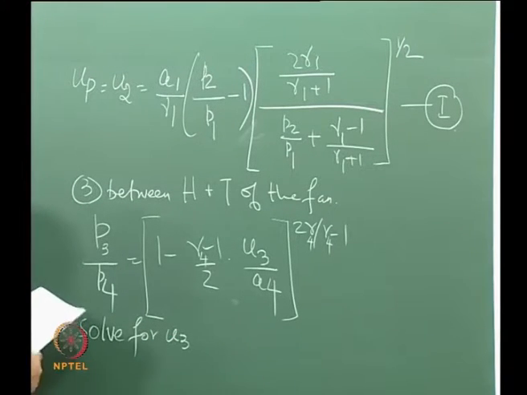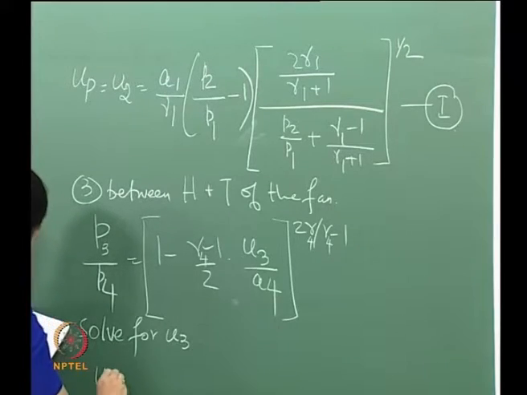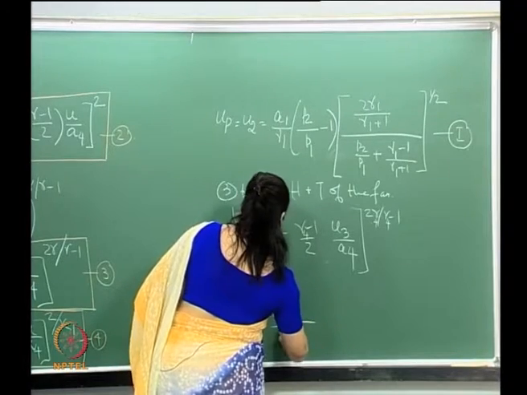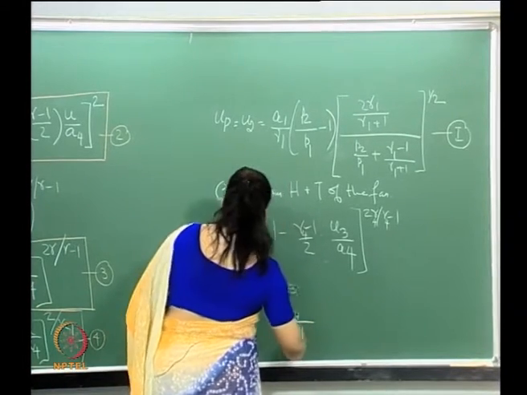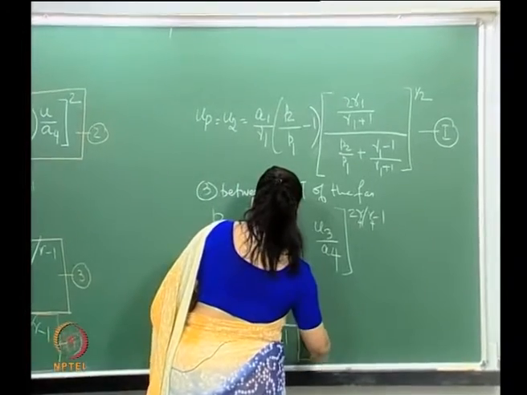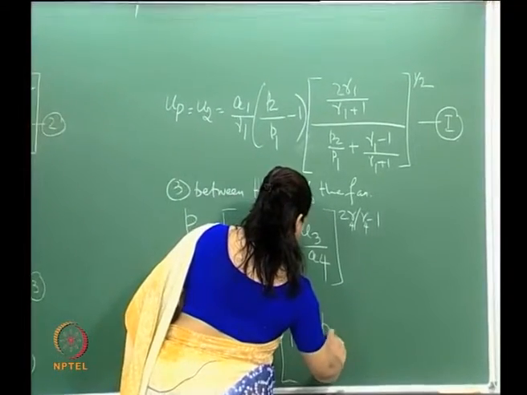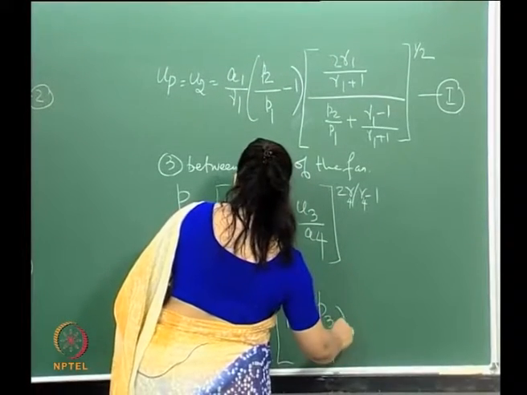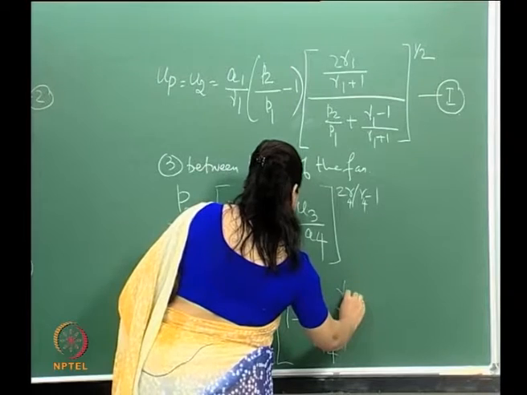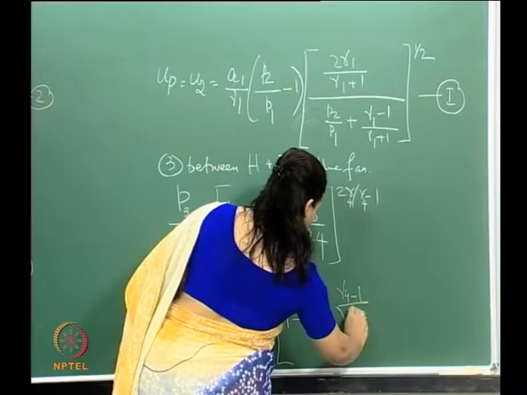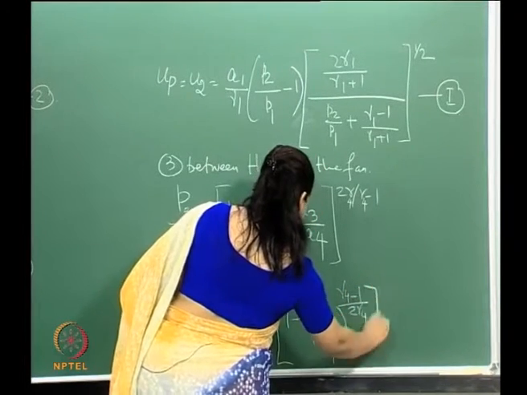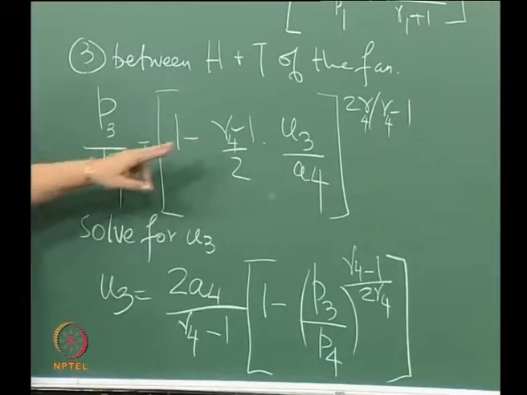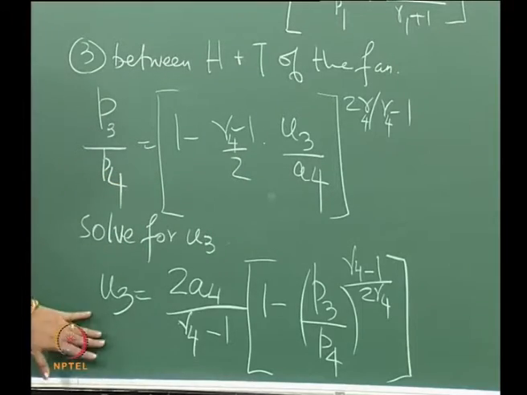If we do that, what we get is this. So I just solve for u3 from this expression and I get this.